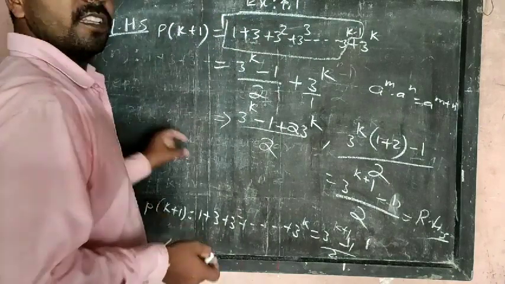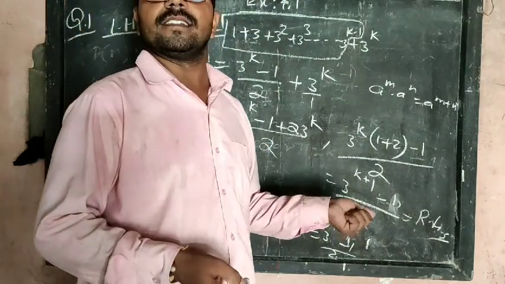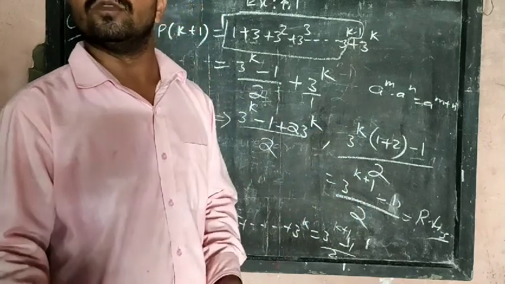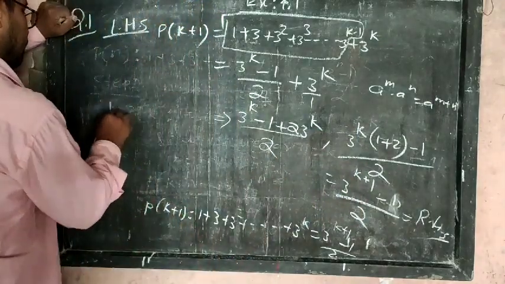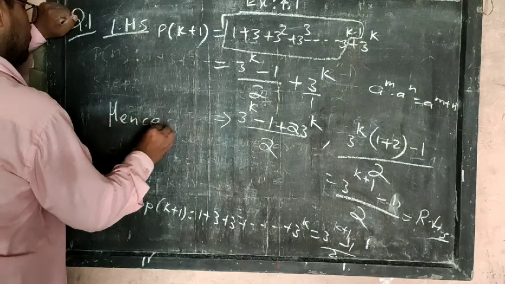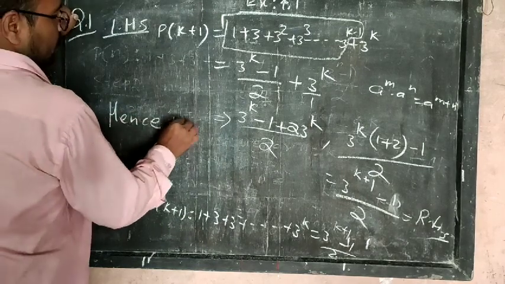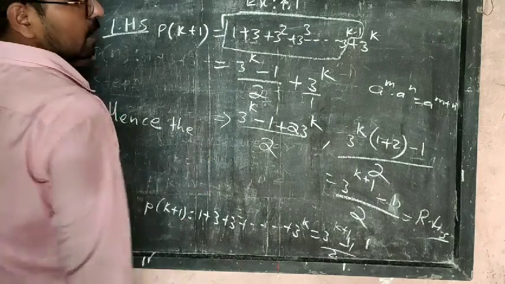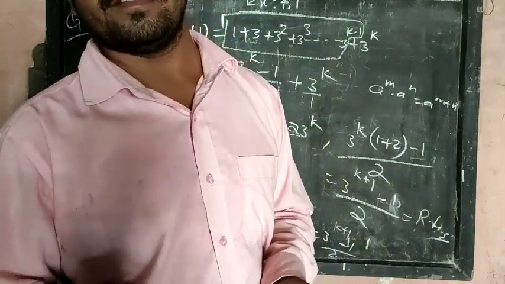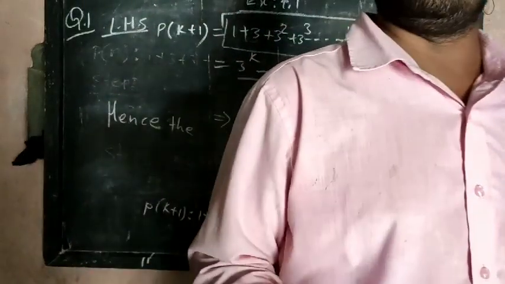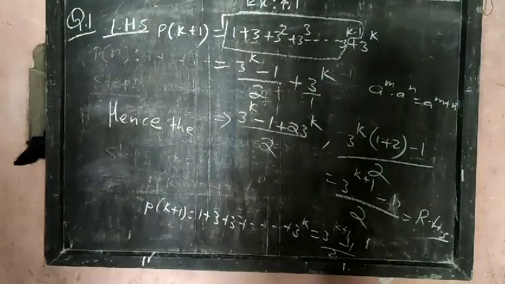Hence, by the principle of mathematical induction, the given statement is true for every n belonging to natural numbers. Write this step down in your notebooks: hence, the given statement is true by the principle of mathematical induction for every n belongs to natural numbers. That's it. Proved.